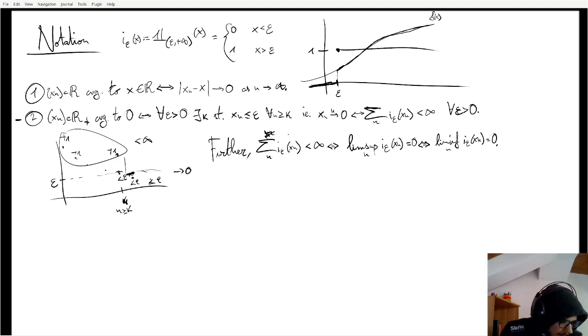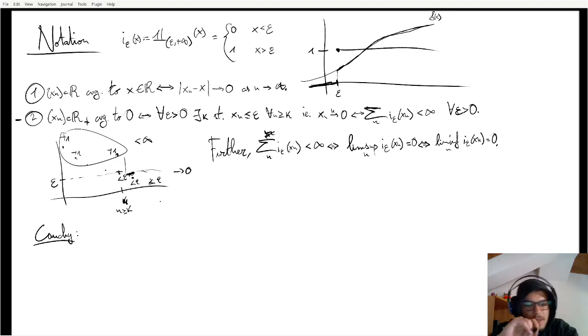And one final thing is the Cauchy criterion. Basically the Cauchy criterion allows us to assess whether a sequence converges without knowing its limit.